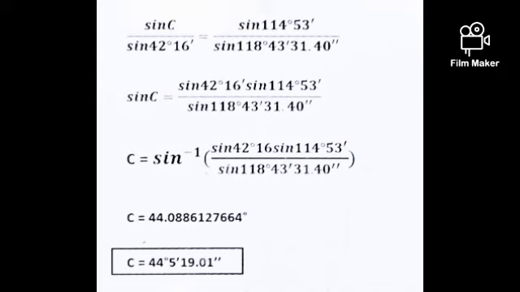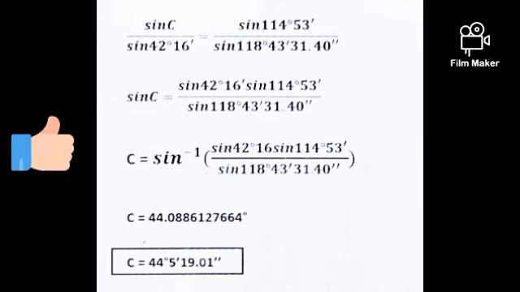And using your calculator, you should get angle C equals 44.088612766 degrees. Again, to convert the answer to degrees, minutes, and seconds, press in your calculator the key with degree, minutes, and seconds. And the final answer for angle C equals 44 degrees, 5 minutes, and 19.01 seconds.